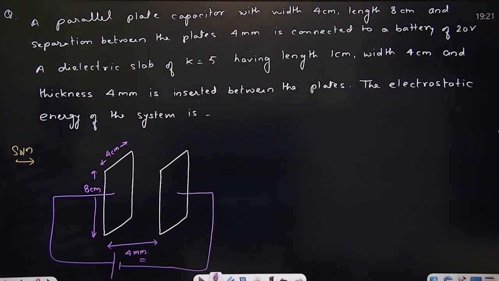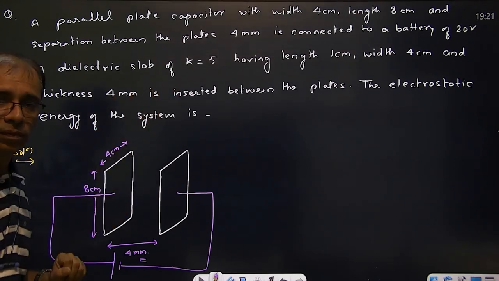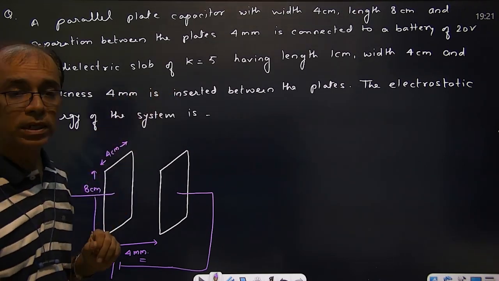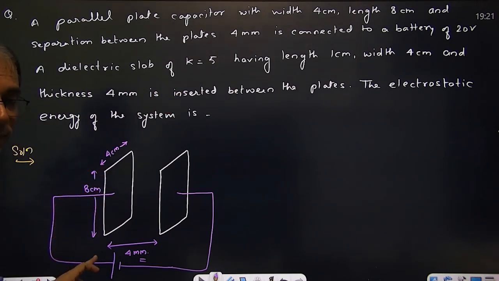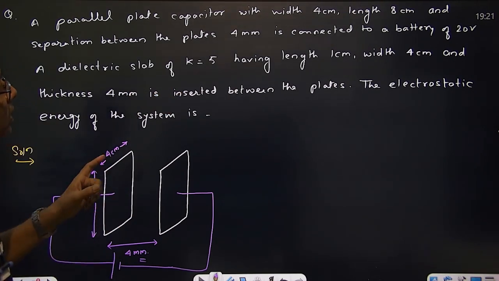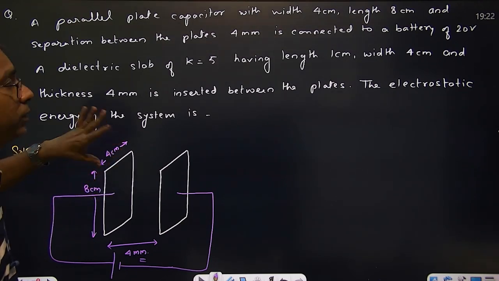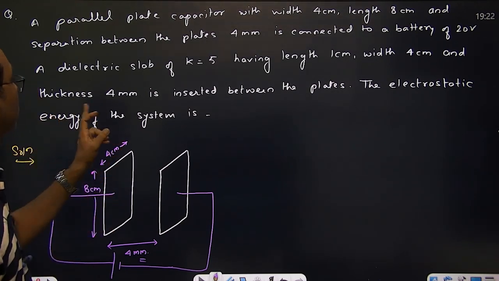Then a dielectric slab of K equal to 5 having length 1 centimeter. This is 8 centimeter length, only 1 centimeter length. Width is 4, and thickness 4 mm.